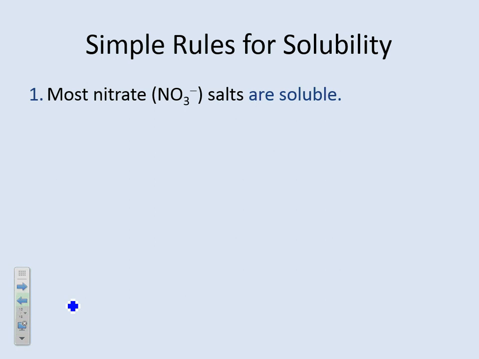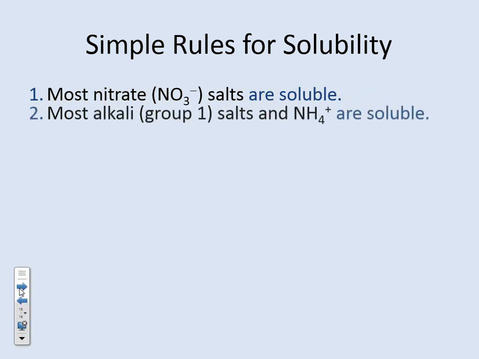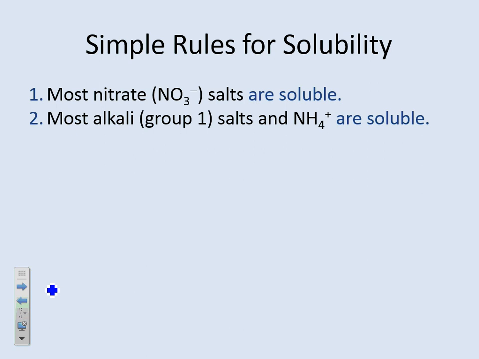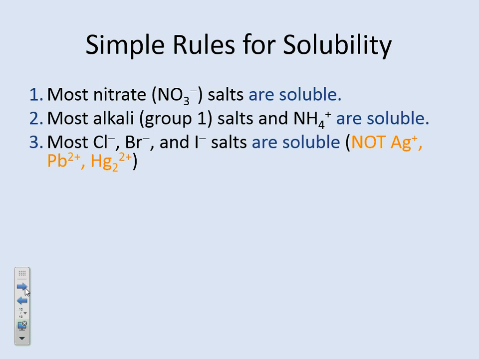If you play your Mahjong 10 app, that will really help you memorize your solubility. If you have a nitrate, it's almost always soluble. If you have a group 1 salt or an ammonium ion, it's soluble, so it's the aqueous one. Your halogen salts are usually soluble, but not if they're silver, lead, or mercury 1.